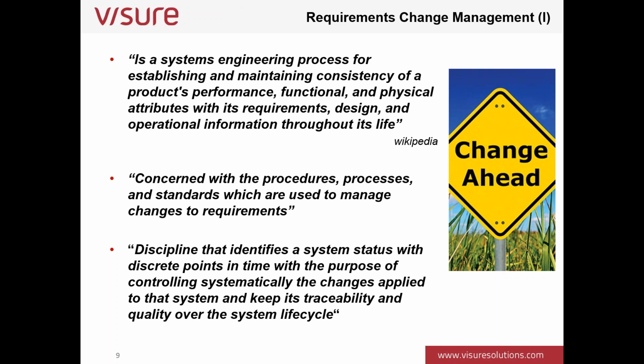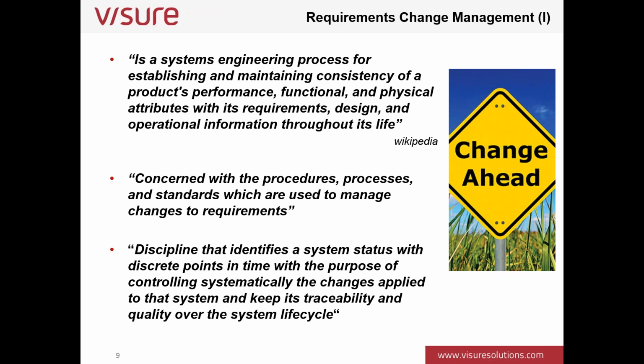Another definition, and this is coming from one of our courses, is that basically it's a discipline that identifies a system status at discrete points in time with the purpose of systematically controlling the changes applied to the system and keeping its traceability and quality over the system lifecycle.